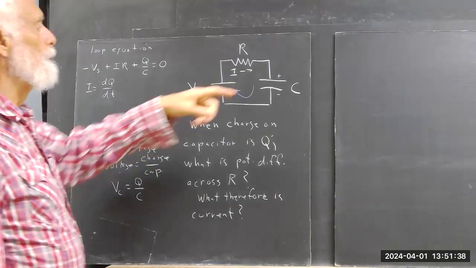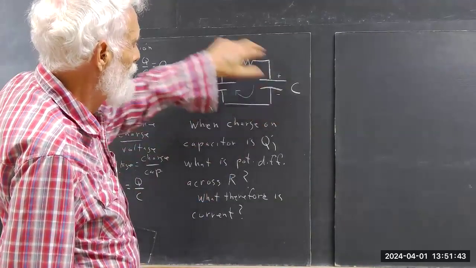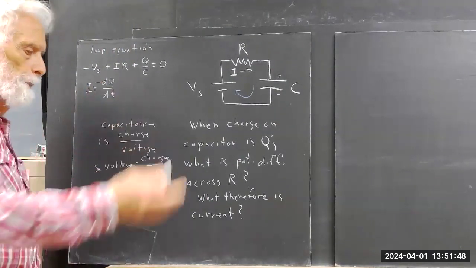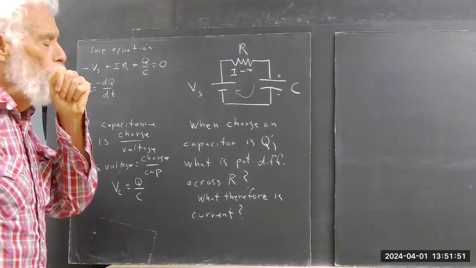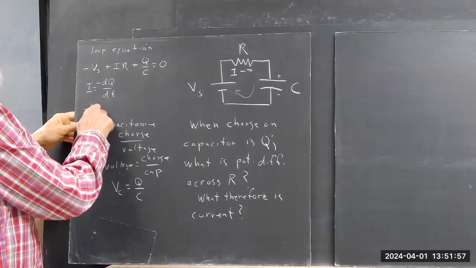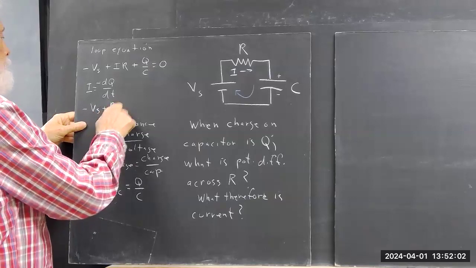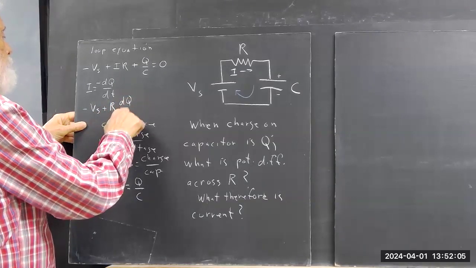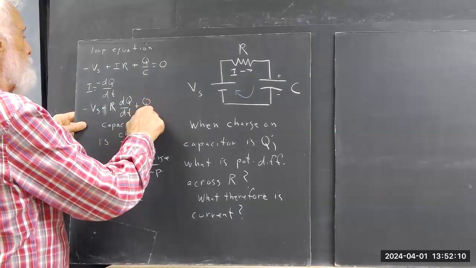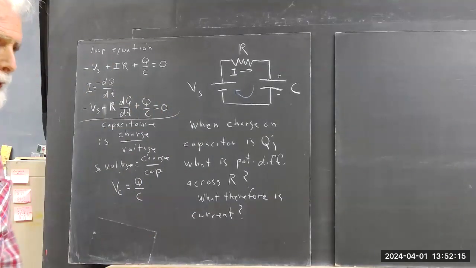Because if this is positive, then if your current's in this direction, that's not what the capacitor is doing. So let's just say negative dq dt. Don't worry too much about that. At this point, now you have negative DS plus R dq dt, I'll move this minus, plus Q over C equals 0. That's not the best way to write the expression. But how are you going to solve that equation?